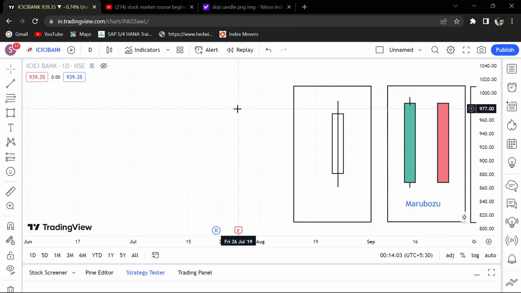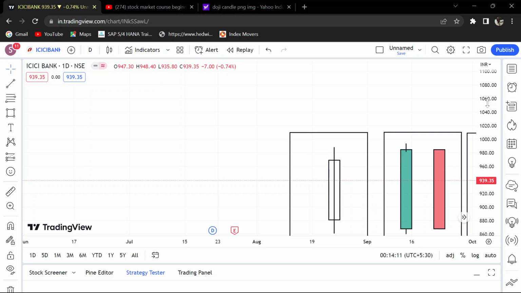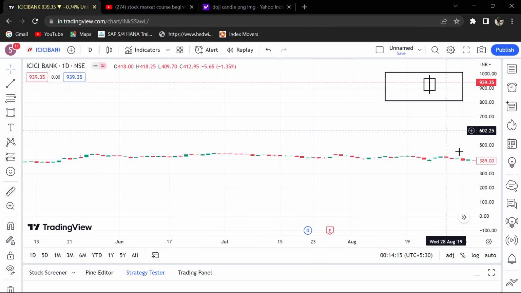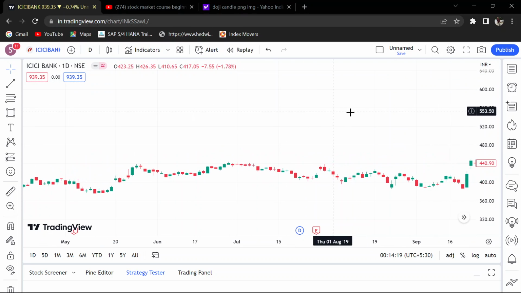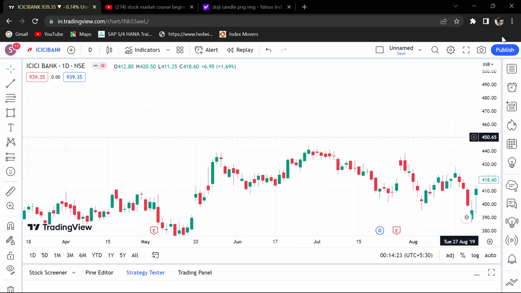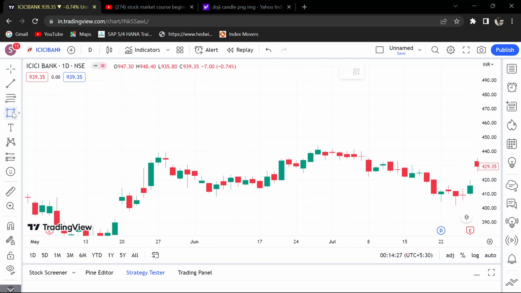We will see it in the chart also. Let's identify some Marubozu candles in the chart right now so that it will be easy, right? Yeah, here it is. See, here it seems we got a Marubozu. Do you find the Marubozu?